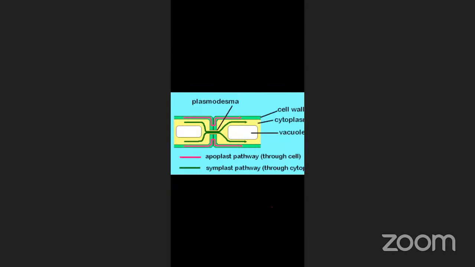But here the water enters cells through the cell membrane, and the water movement is relatively slower when compared with apoplast, because apoplast is only cell walls and intercellular space. Right? And the symplastic movement may be aided by cytoplasmic streaming.